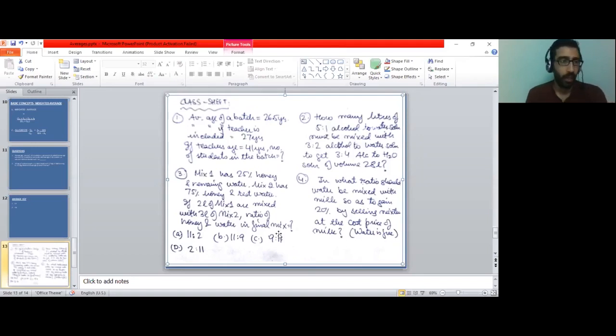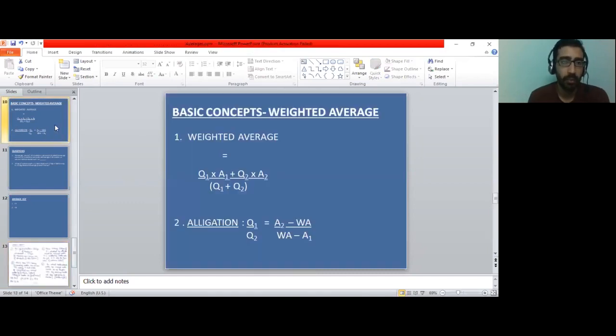Thanks. Okay, then in that case, let's jump to the weighted average concept, the concept that we'll use for alligations as well. And I think what I need to do here is just quickly talk about what I mean by weighted average, first of all.